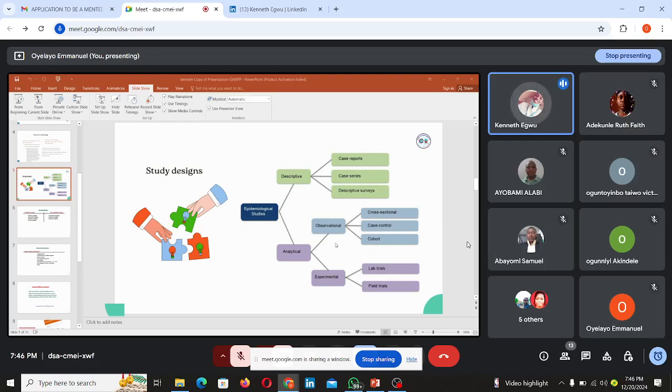But if it's experimental, that's the kind of research that we usually do in the universities.